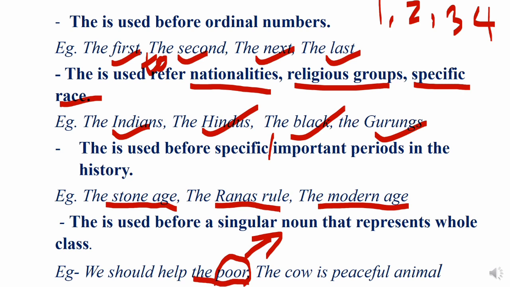If a noun represents a whole class, we use the article. The cow is a peaceful animal. When a noun represents a whole class, we have to use the article before it.